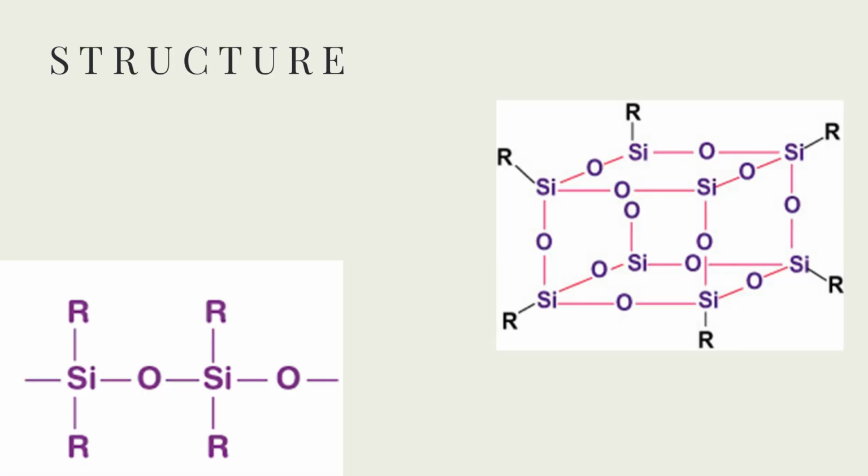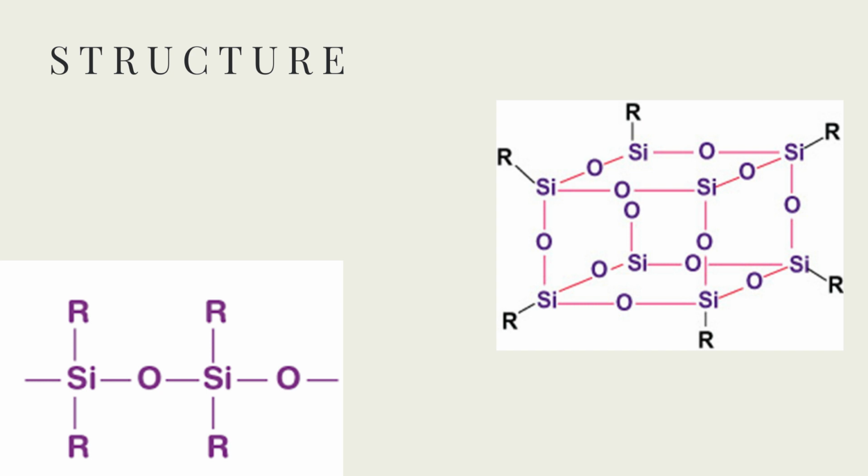Now, if we talk about the structure of silicon polymers, it has an inorganic silicon-oxygen backbone chain where two organic groups are attached to each silicon center, as shown in the given image. Coming to the next slide, silicon polymers contain repeated R2SiO units, which is clearly depicted in the given image.